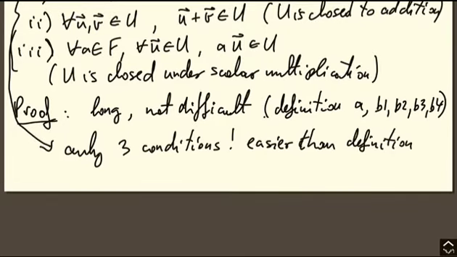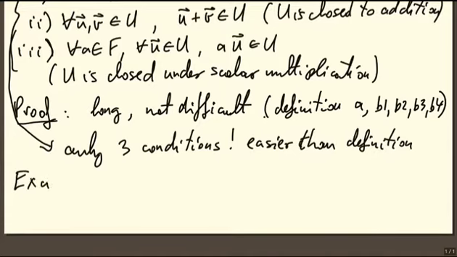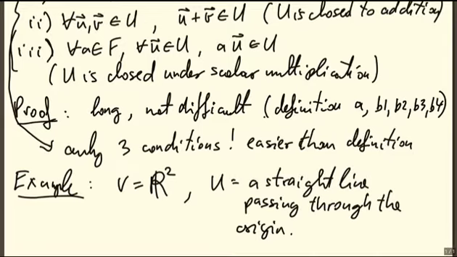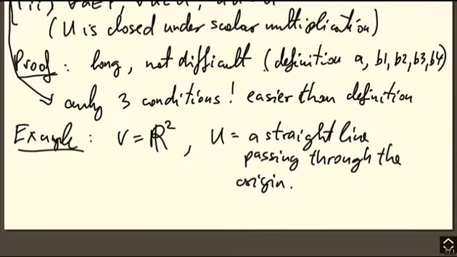All right, let's see some examples. Again, a basic example with R2, and let's have U as a straight line passing through the origin. Let me also mention that you should already know from undergraduate classes, and we will come back to this later, that in R2 points and vectors are considered to be equivalent.